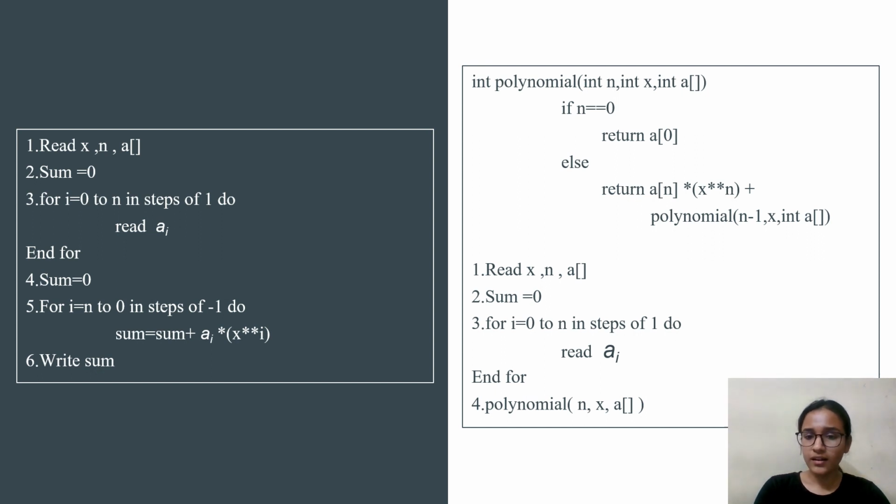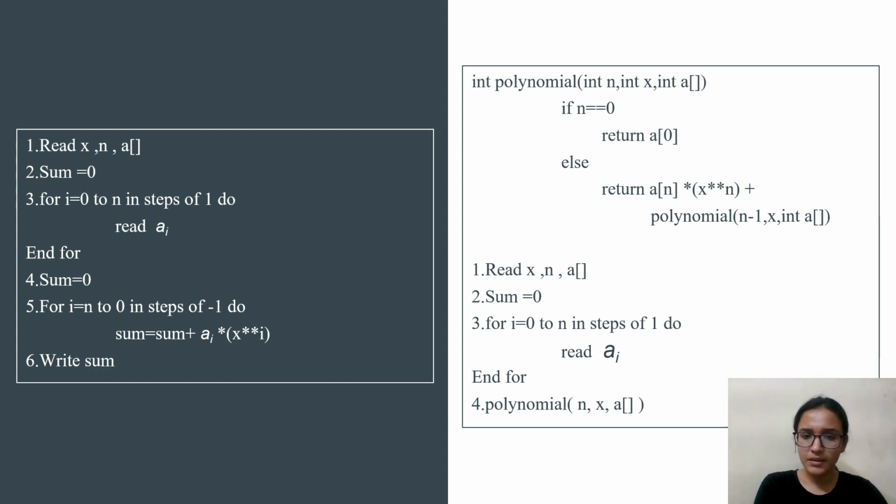And now at last the recursive function is called by passing the parameters n, x and a, that is the array of coefficients. If the degree of the polynomial is 0, the polynomial function will return the value of the constant term a of 0, which is the first term.